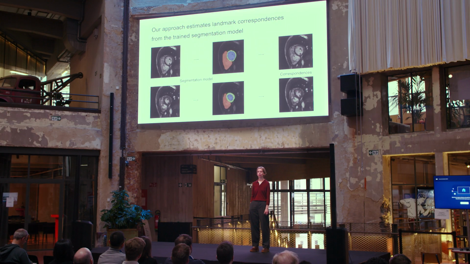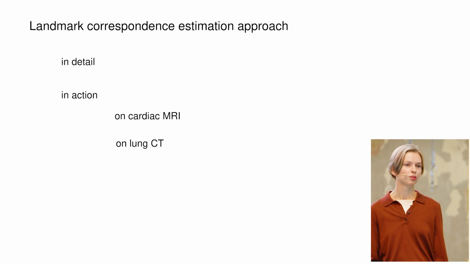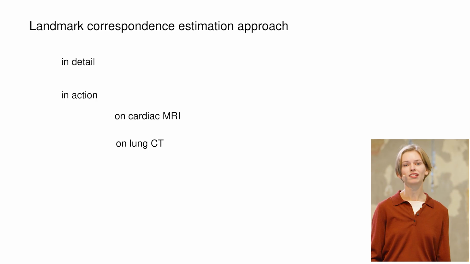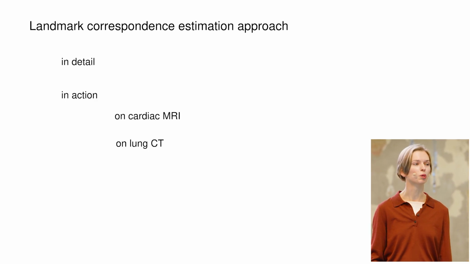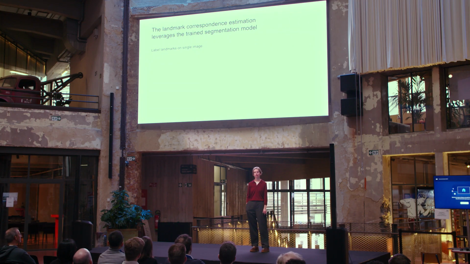So by simply exploiting that trained segmentation model, our approach requires no additional training time, making it very efficient. In the next few minutes, I'll give more details of our approach, and then we'll see some exciting initial results on 2 real-world applications.